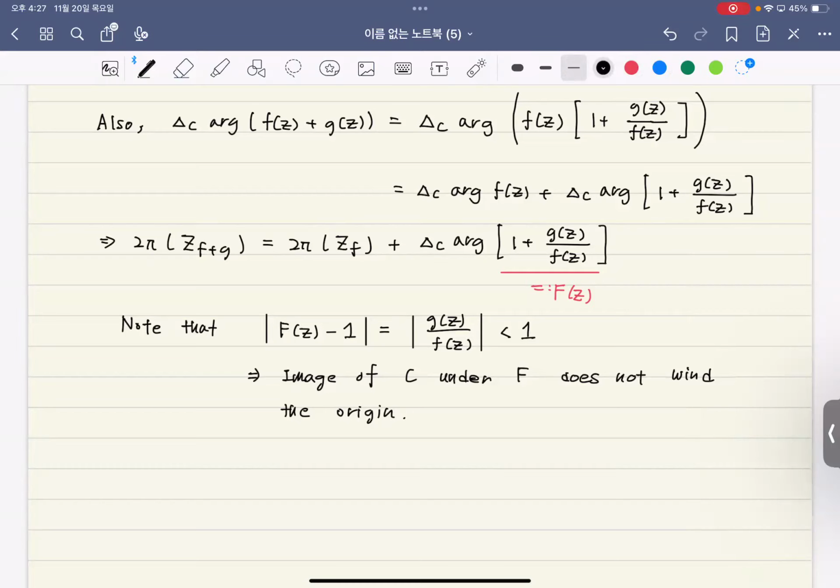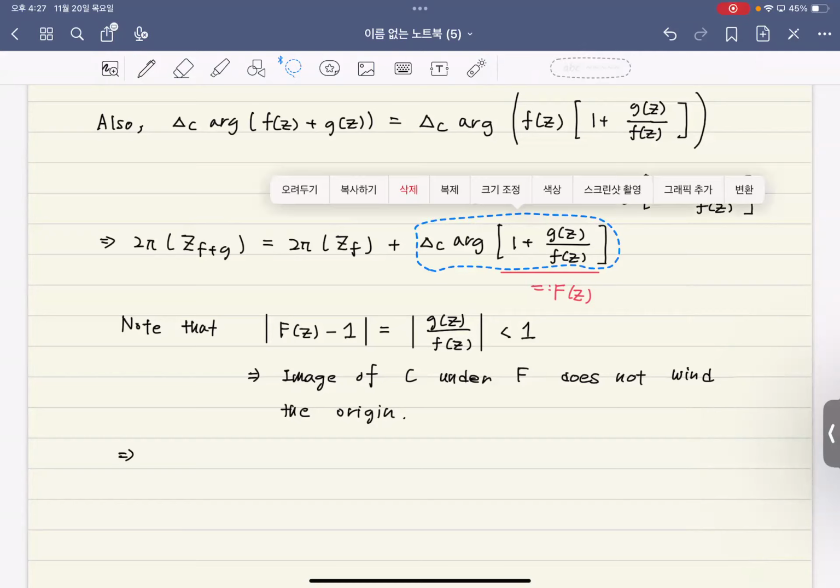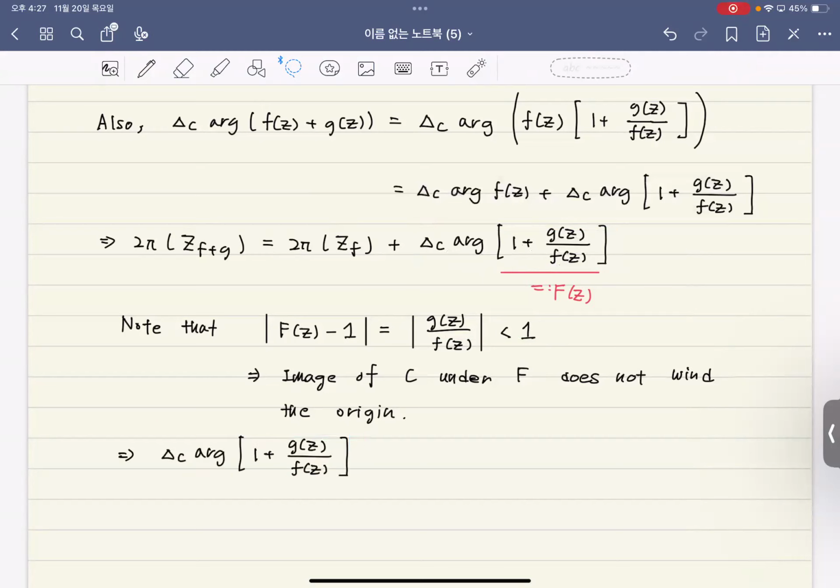Winding is the better notation. So therefore, the number of zeros of f plus g is the number of zeros of f. Okay, great.